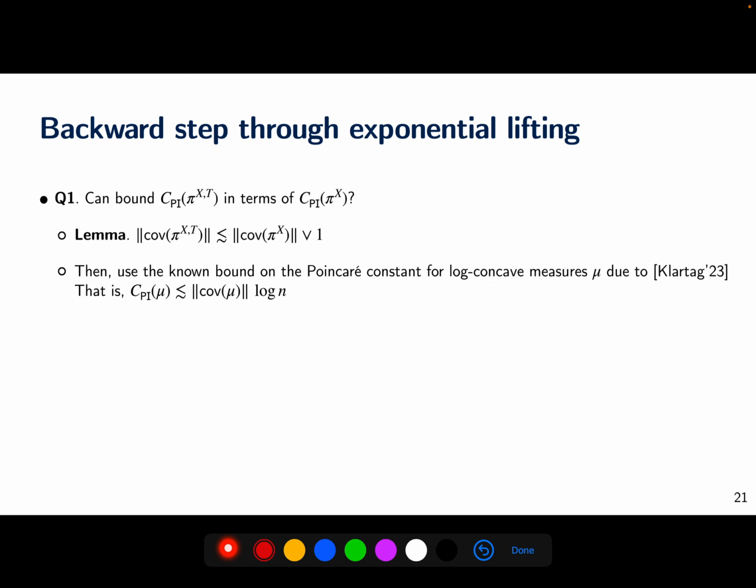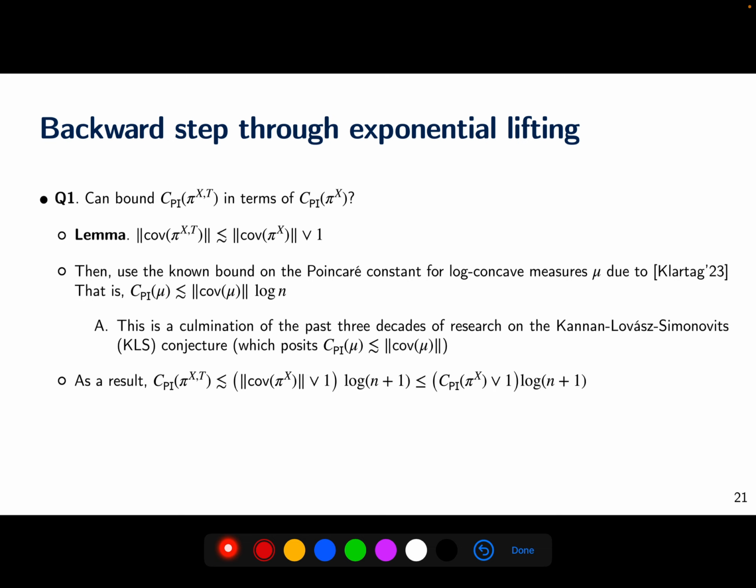And then using the known bound on the Poincare constant for log-concave measures, we can show that the Poincare constant of the lifted distribution is bounded by log of n times this maximum of 1 and the largest eigenvalue of the covariance of phi of x.